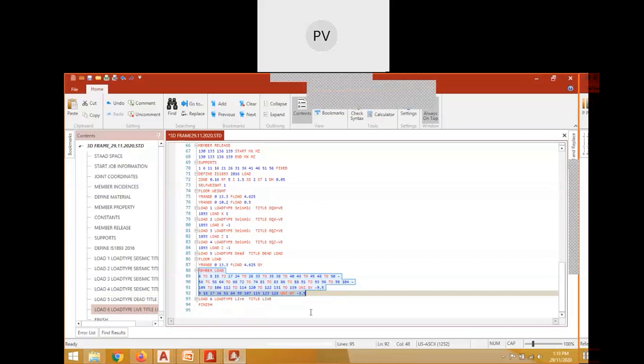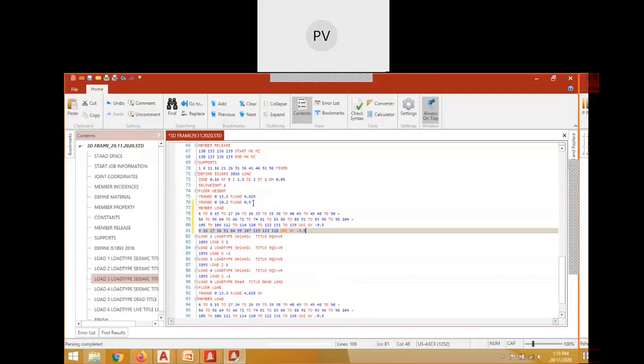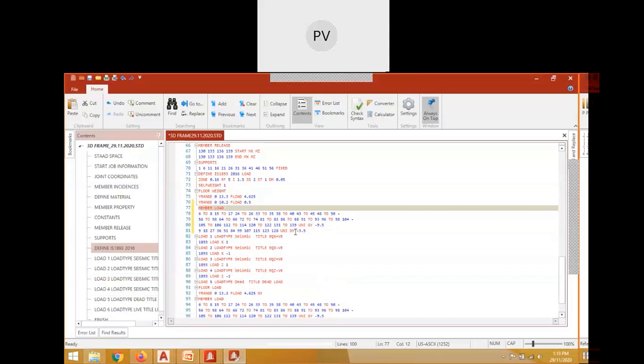So just copy this particular thing, Control C, and then I will paste this load into your seismic load case. So this is my seismic load floor weight, and here just press enter and Control V. Now this load is copied here in seismic weight.